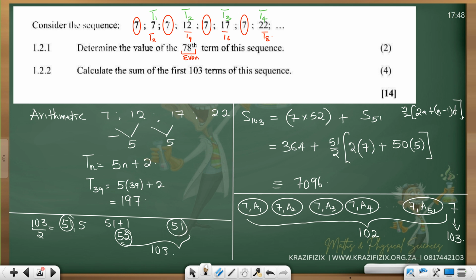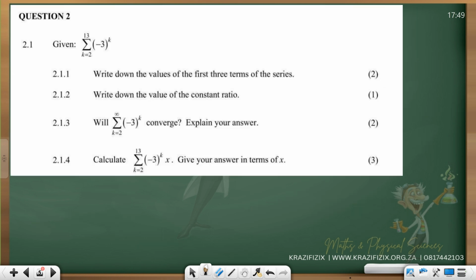So for the first one, I just wrote 4 sevens, and then for the second one, I wrote 7, 12, 17, and 23, and then I calculated 51 for the second sequence and 52 for the first, and then I got the answer. Yeah, it's fine. It's correct. And then you add both of them together. Not a problem.